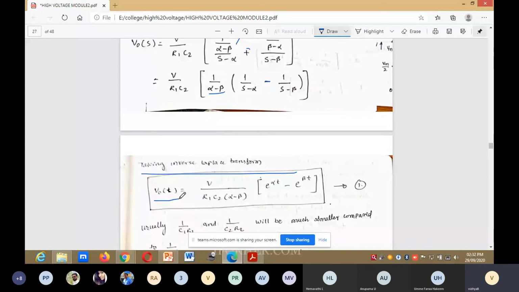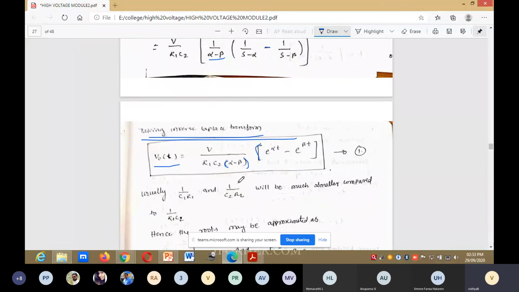After applying inverse Laplace, V naught of t is equal to V divided by R1 C2 (alpha minus beta) times (e to the power of alpha t minus e to the power of beta t), since 1 divided by S minus alpha can be written as e to the power of alpha t. This is the first equation.